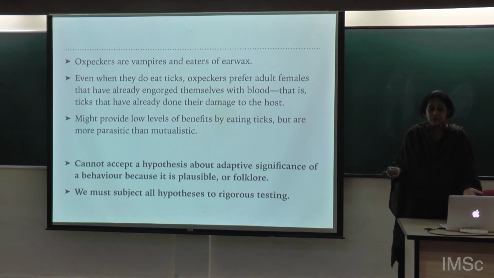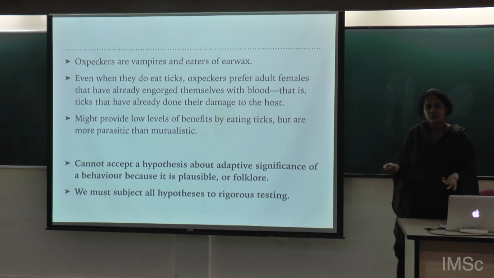So they seem to be vampires, eaters of earwax, and when they do eat ticks, they prefer adult female ticks that are full of blood, which means these ticks have already done their damage to the host, so the buffalo is not really gaining that much. They do eat some ticks, but they're definitely causing more parasitism to the buffaloes than a mutualistic kind of reaction.